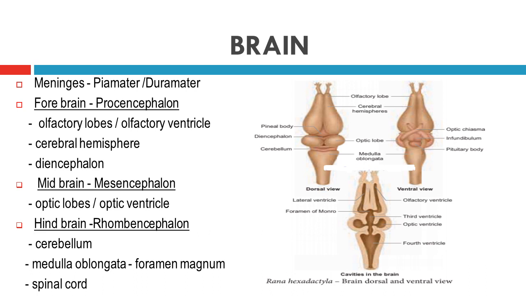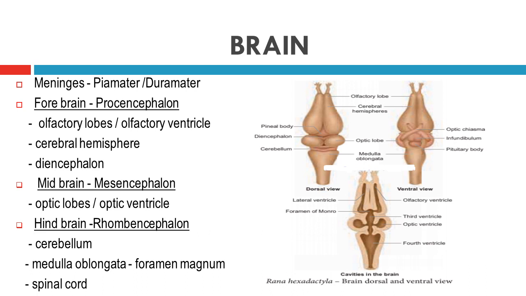Inside the olfactory lobe, there is a cavity, that is known as the olfactory ventricle. Ventricle here means cavity. That is the first region of the prosencephalon.